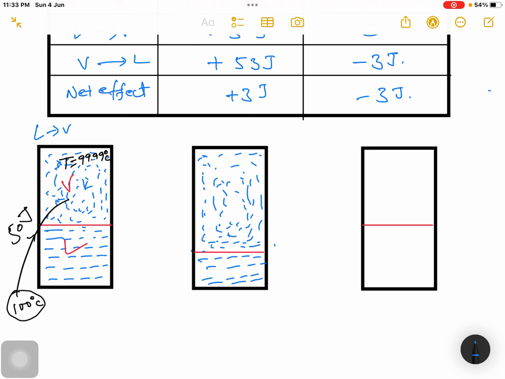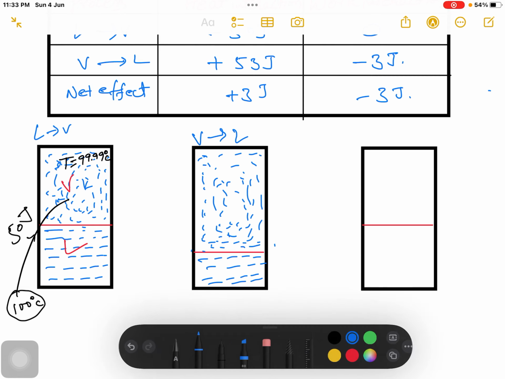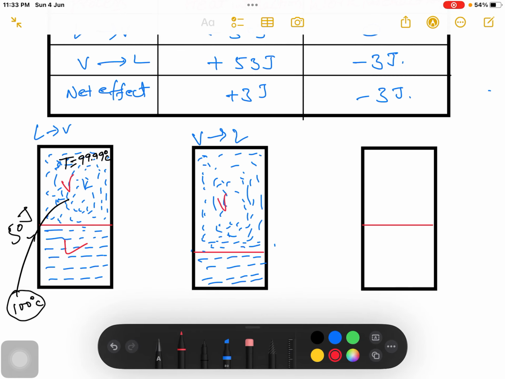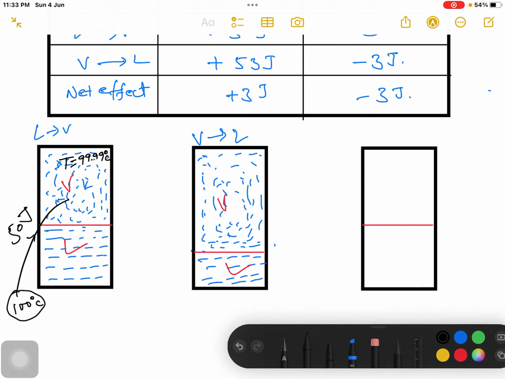This is also a externally irreversible process. No, sorry guys, I am doing a blunder.